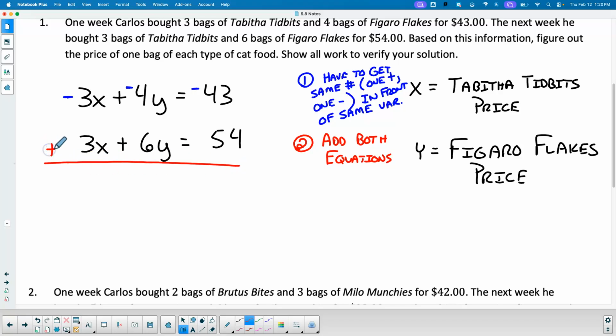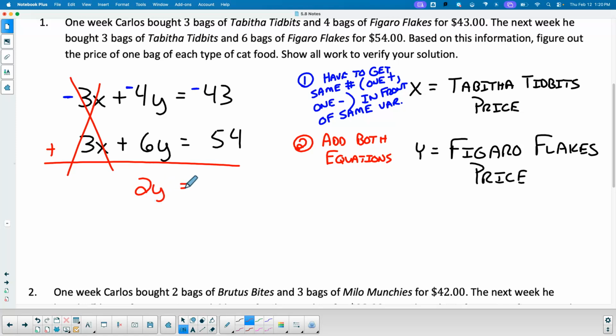Because you go negative 3x plus 3x. That's 0, so that gets eliminated. That's why it's called the elimination method, because you are eliminating one of the variables. Negative 4y plus 6y. 2y.